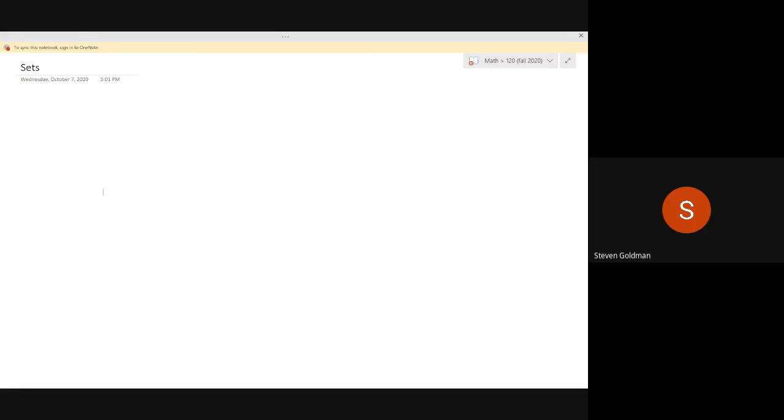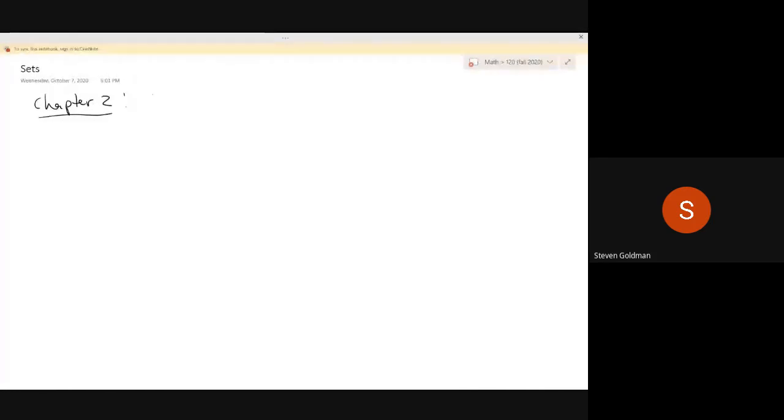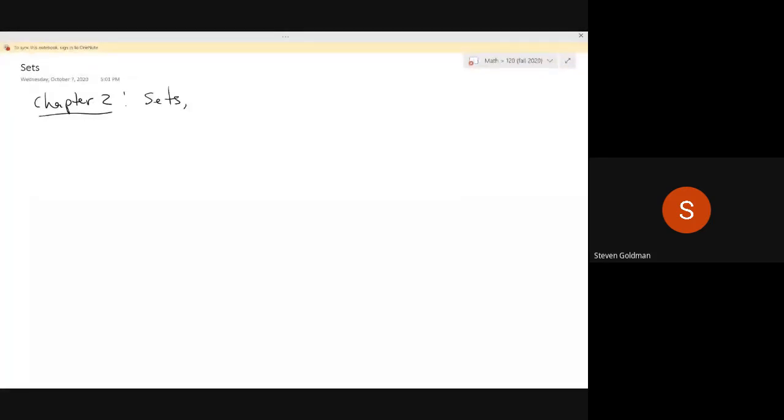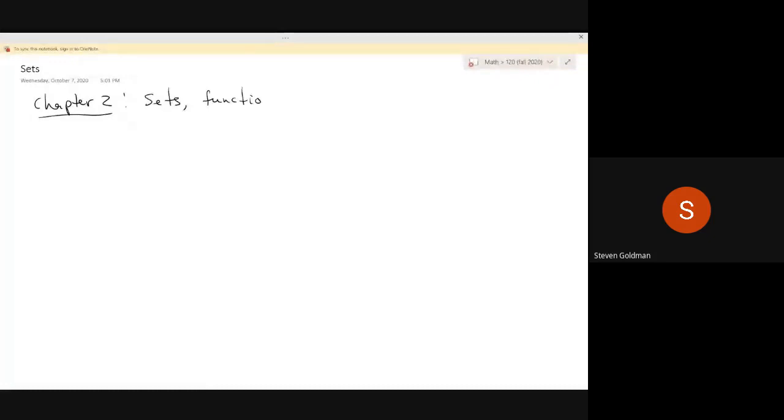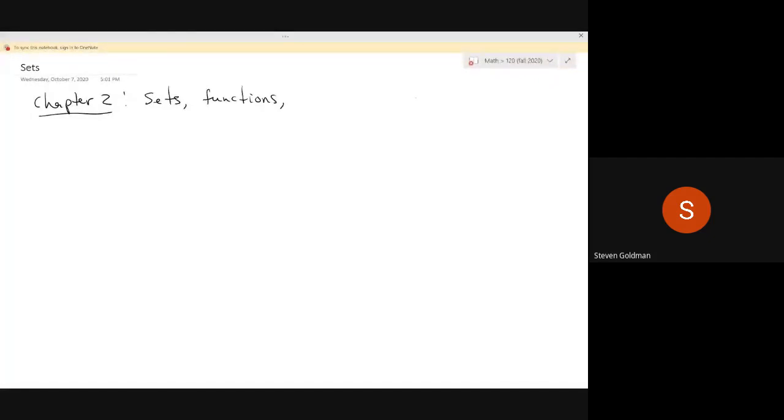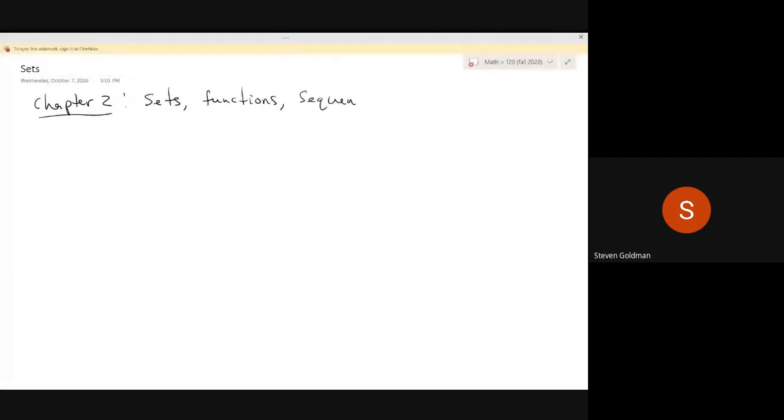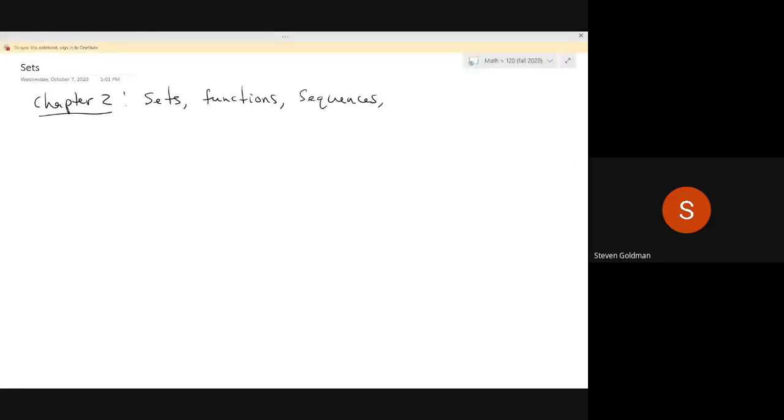We'll use sets to define sequences, and then we'll also discuss sums and matrices. So in chapter 2: sets, functions, sequences, sums, and matrices.